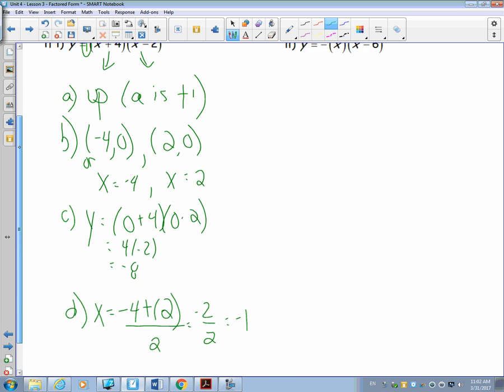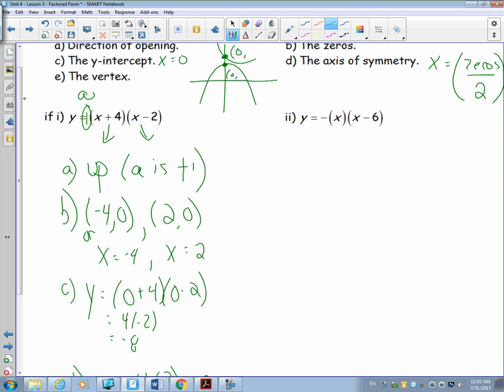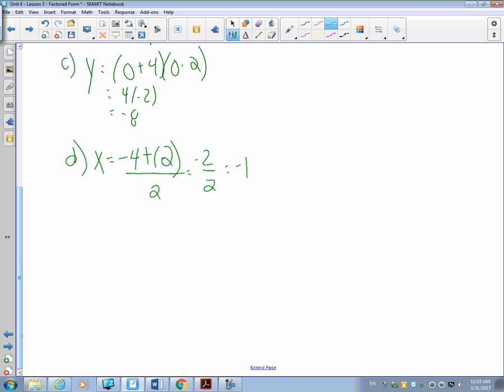And if I know the axis of symmetry, the last thing I want to figure out is the vertex. Well, the nice thing is we can sub in the axis of symmetry. What does that mean? Well, my equation is y equals (x plus 4)(x minus 2). Equations are used to find points, right?